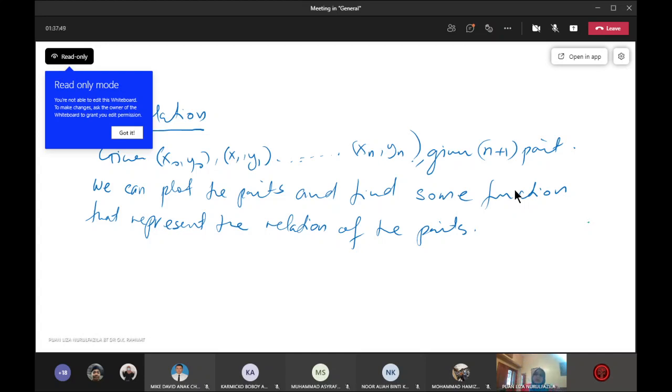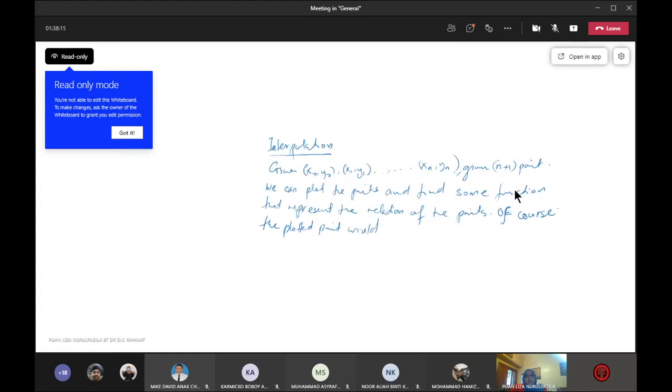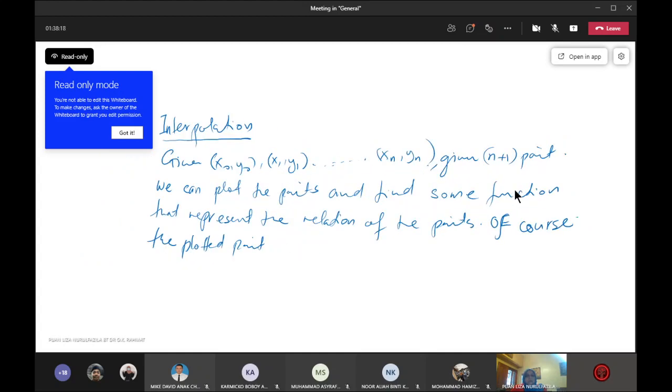Okay, so we can find some function that represents the points. And of course, those points are not exactly, apa itu, what's the word? I'm lost for word. The plotted points would not fit perfectly. I'll show you. Salin dulu ya.